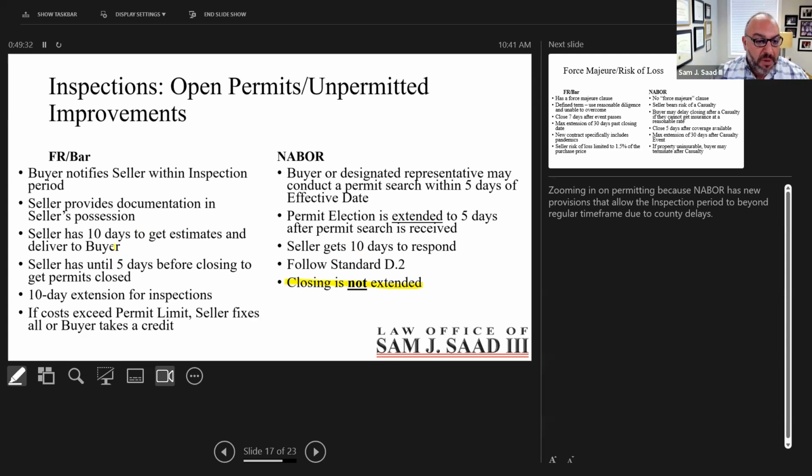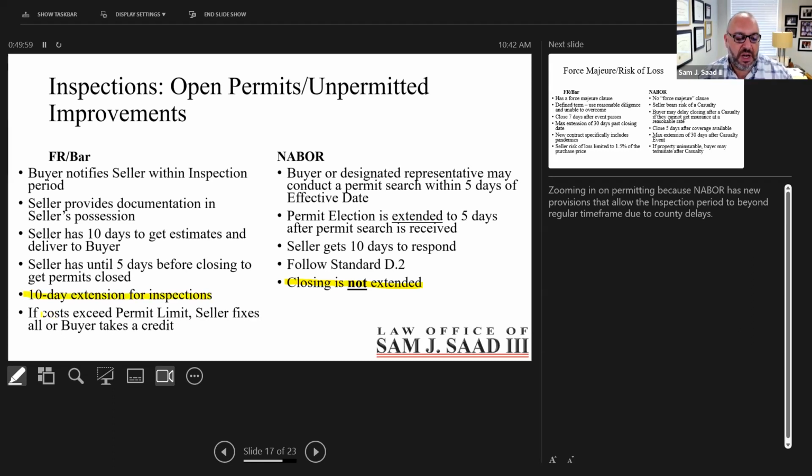Now, FRBAR open permits are much more complicated. There's a much more complicated regime. The seller has to provide documentation that they have in their possession. They have 10 days to get estimates and get those to the buyer. And the seller has until 5 days before closing to get the permits closed. And then there can actually be a 10-day extension for inspections.